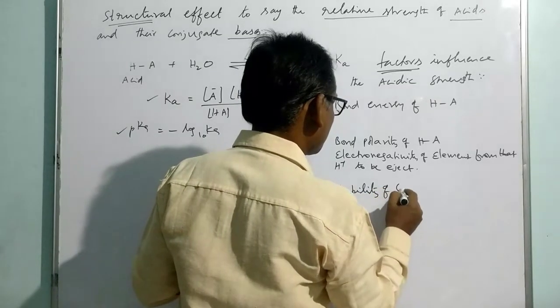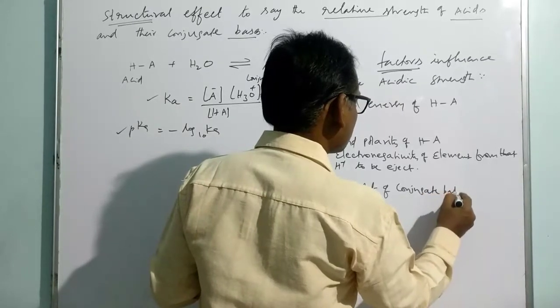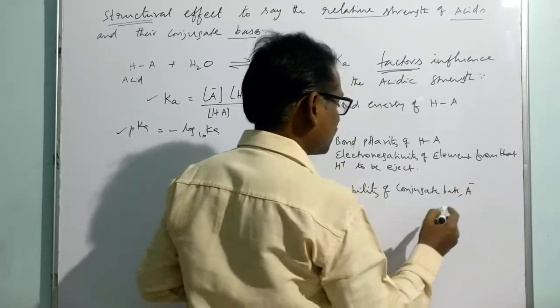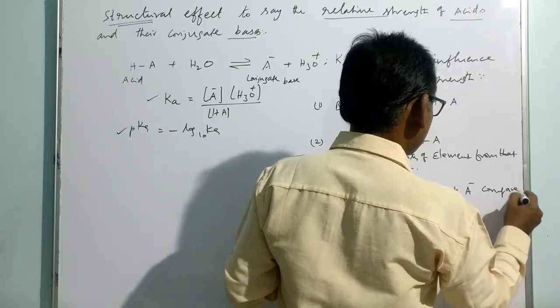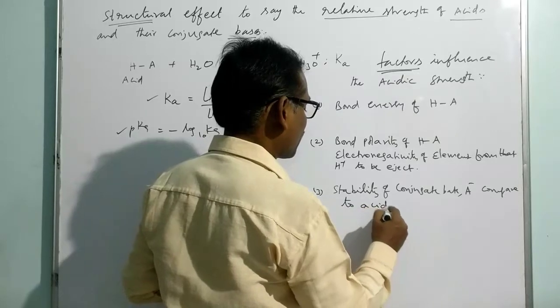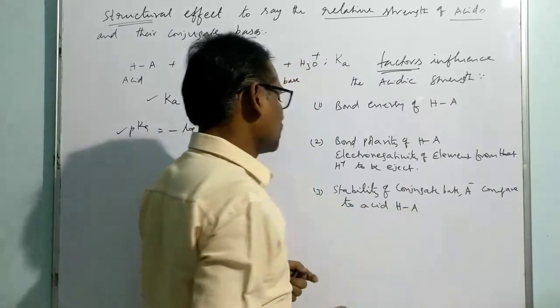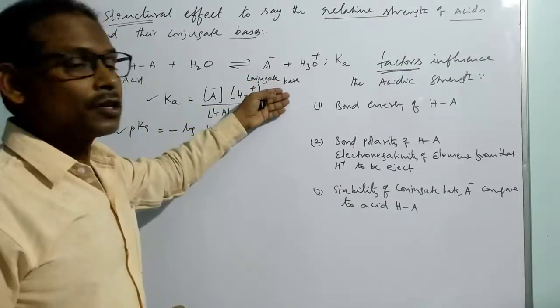Stability of conjugate base. Conjugate base A minus compared to acid HA. That means there may be stability you can consider even for the acid and its conjugate base.